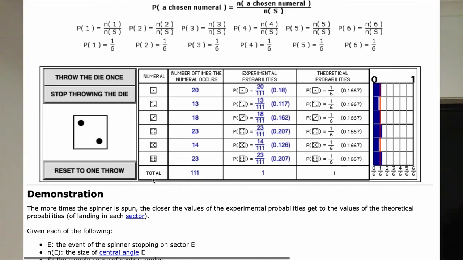So the experimental probability moved closer to the theoretical probability, because the more trials you do, the closer you are to the theoretical probability. So, to ensure the accuracy of our experimental probability, it is important to conduct a large number of trials.